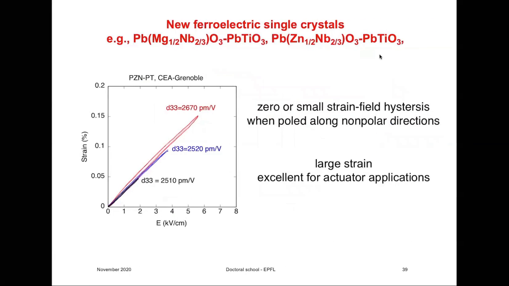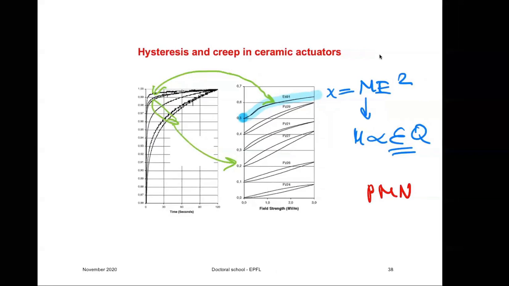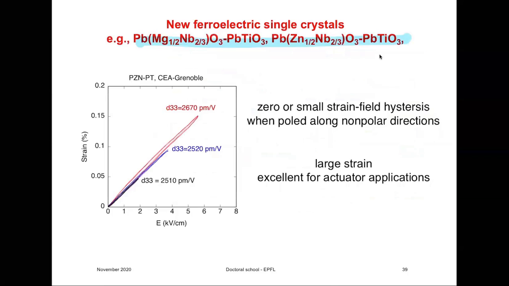Other materials that would give you low hysteresis are relaxor ferroelectric solid solutions. So here it would be PMN, lead magnesium niobate, and ferroelectric materials which could also give you hysteresis-free behavior also contain this lead magnesium niobate or lead zinc niobate in solid solution with a ferroelectric material.